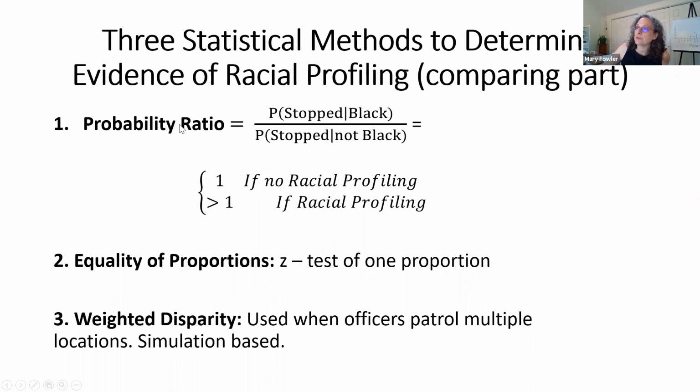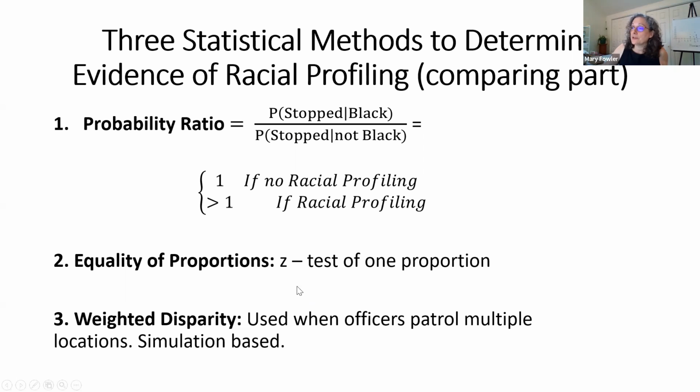One of them is the probability ratio, where we look at the probability of an individual being stopped given that they're Black, and compare it to the probability that they're stopped given that they're not Black. And that number then would indicate how much more likely a Black individual is to be stopped.